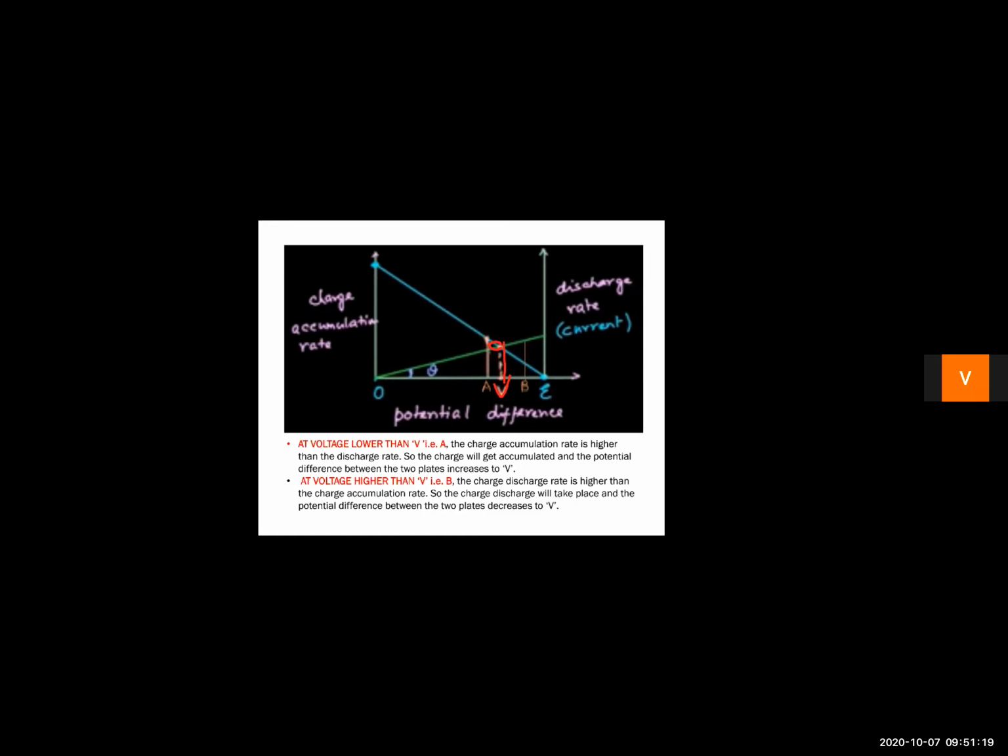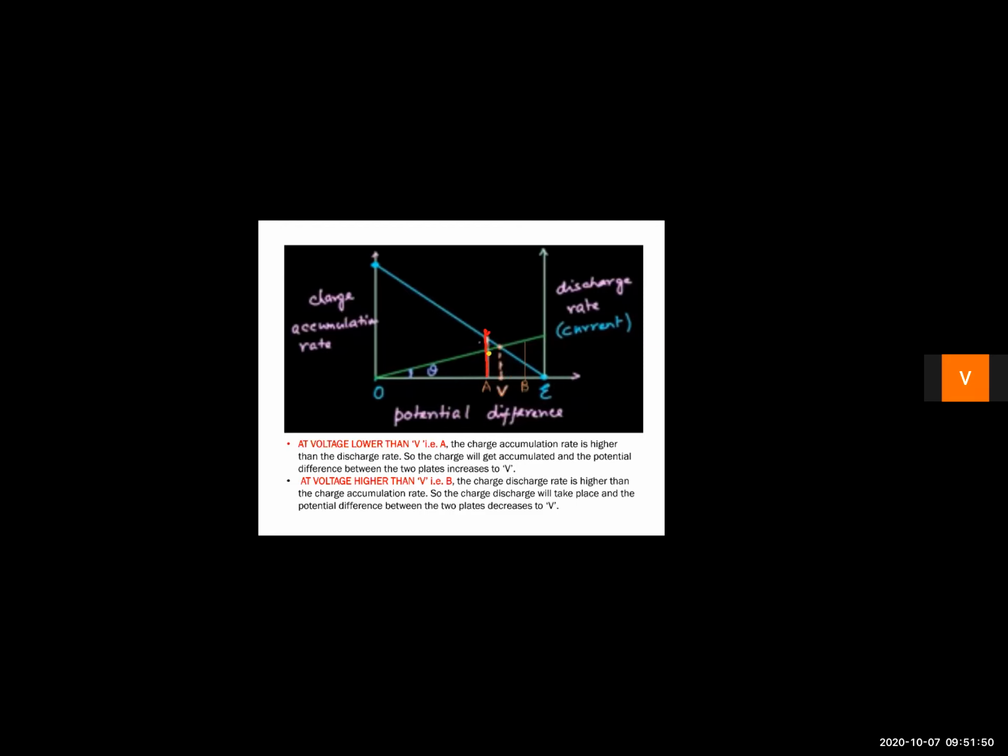But before that, suppose the potential difference value is less than this. Suppose it is at point P. You can see the value of potential difference is less than V. So at this point, if you compare the rate of charge accumulation and the rate of charge discharge, which one is higher, children?